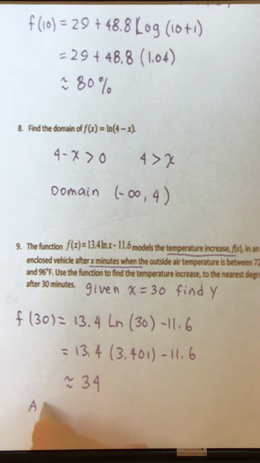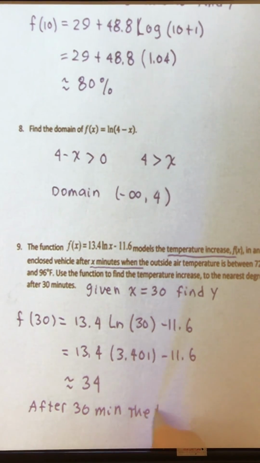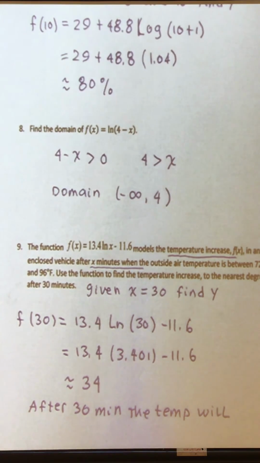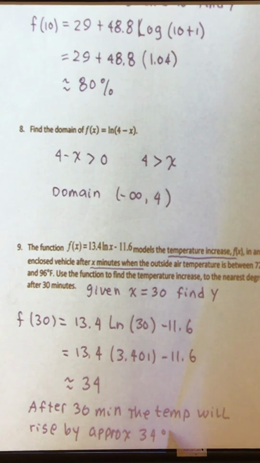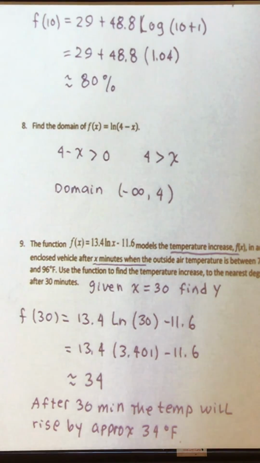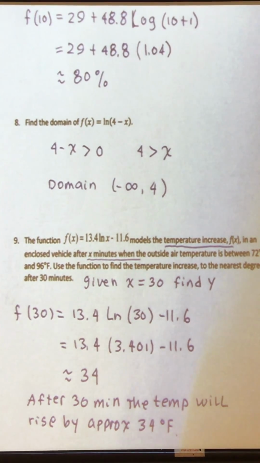So our conclusion then is after 30 minutes, the temperature will rise. This is not the temperature of the car, it's the amount the temperature will rise by approximately 34, and the units there are degrees Fahrenheit. And that is the conclusion of section 4.2 exercises.